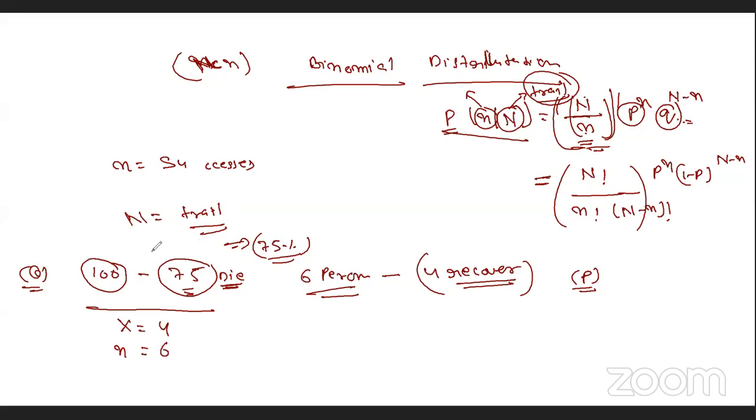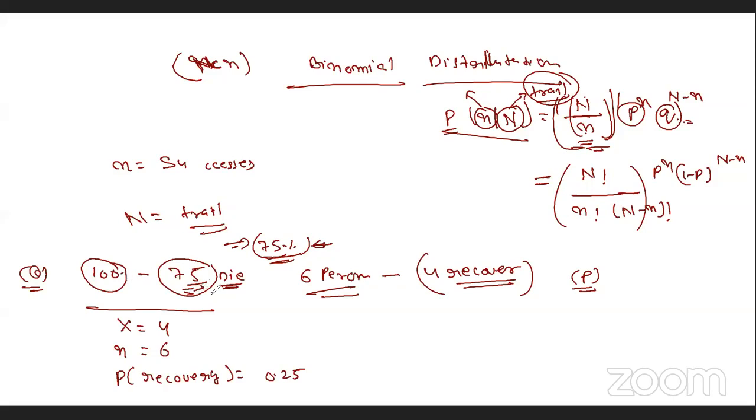Now suppose I ask you a question: 75% people die, so what is the probability of recovery, or what is the percentage of recovery? You can clearly say that the probability of recovery is nothing but 0.25, because 75% die out of 100.